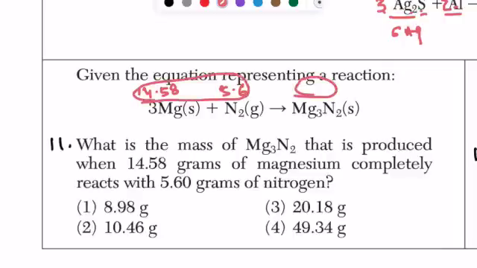So all you have to do is add the masses. 14.58 plus 5.6 should give us about 20.18 grams.